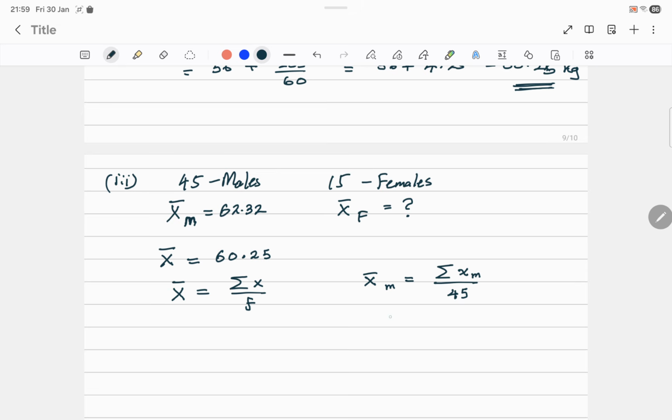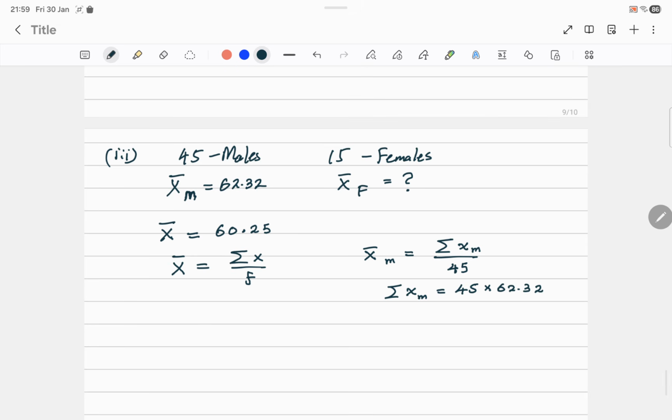Right, so then sigma x males would be 45 into X bar m, which is 62.32. Similarly, we can write the expression for the females. X bar f is sigma total female weight over 15 females.